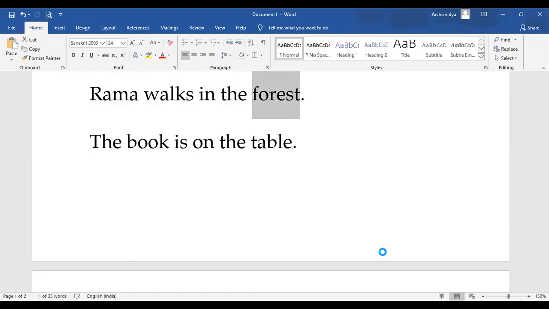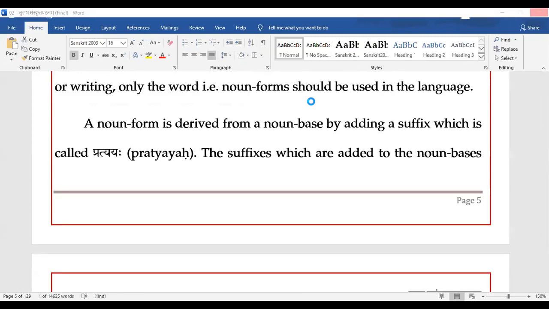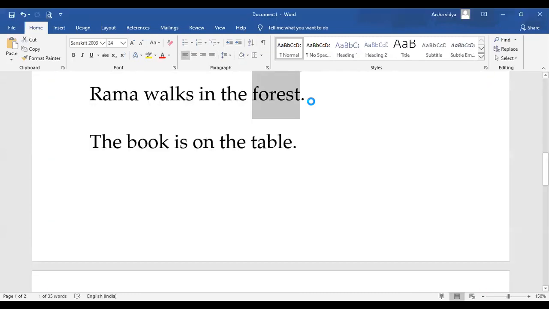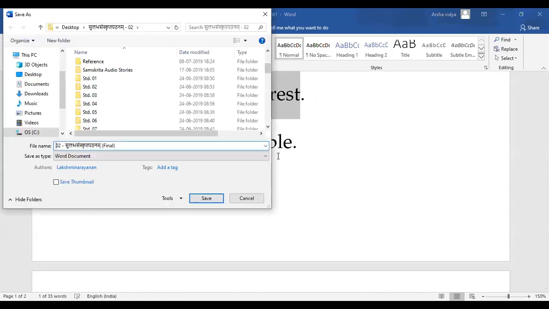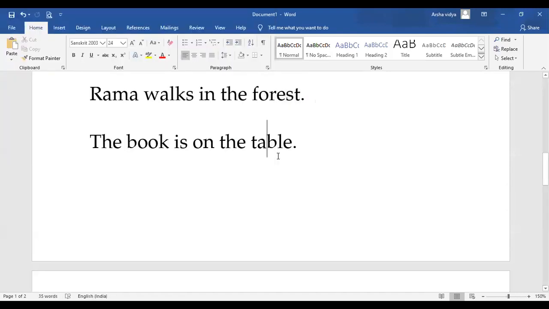You can call it a predicate, but forest as an individual word is a common noun. Similarly, the next sentence: the book is on the table. Book is a noun and table is also another noun.